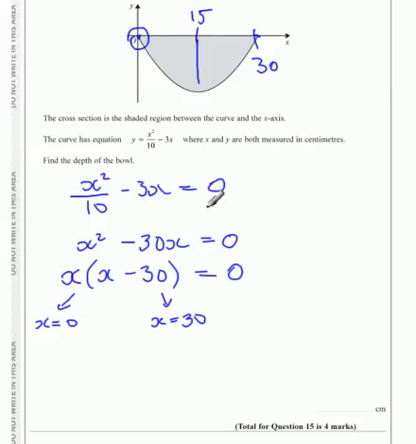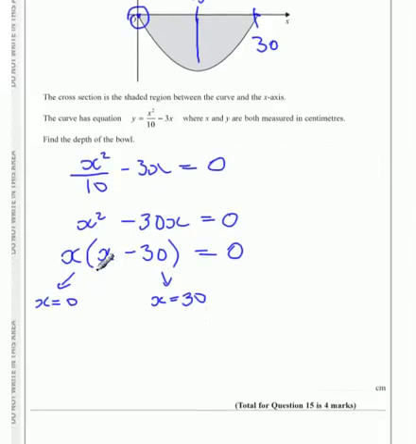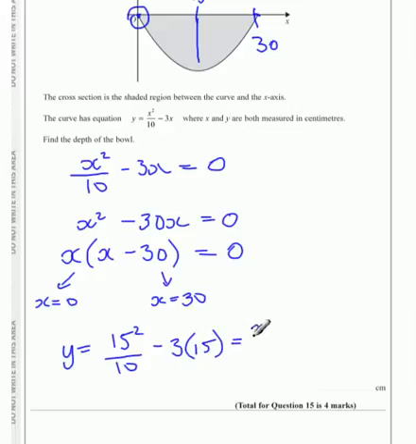So if we use that value as our x value, we can work out what y is and get the depth of our bowl. So we're going to sub in x equals 15 to find y. So 15 squared over 10 minus 3 times 15. 15 squared is 225 over 10. 3 times 15 is 45.